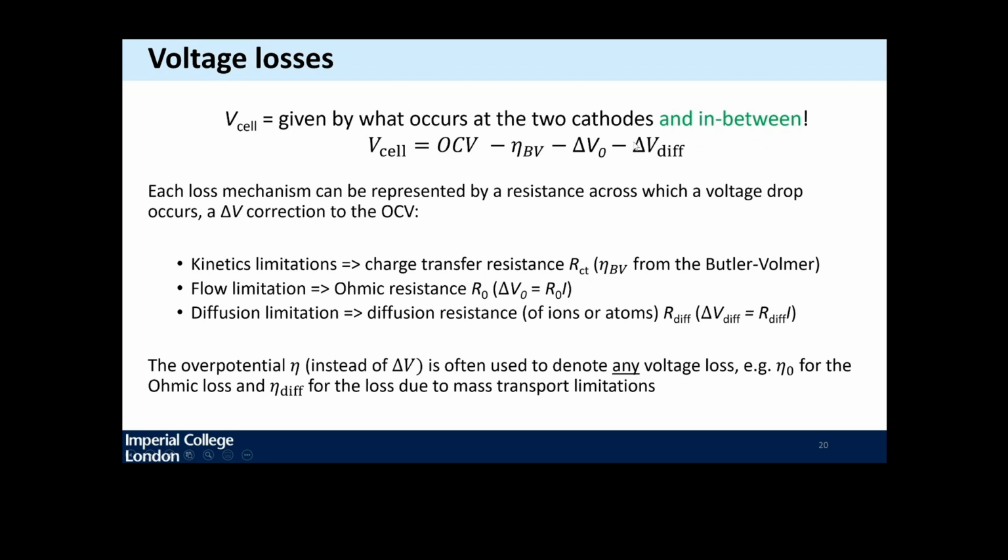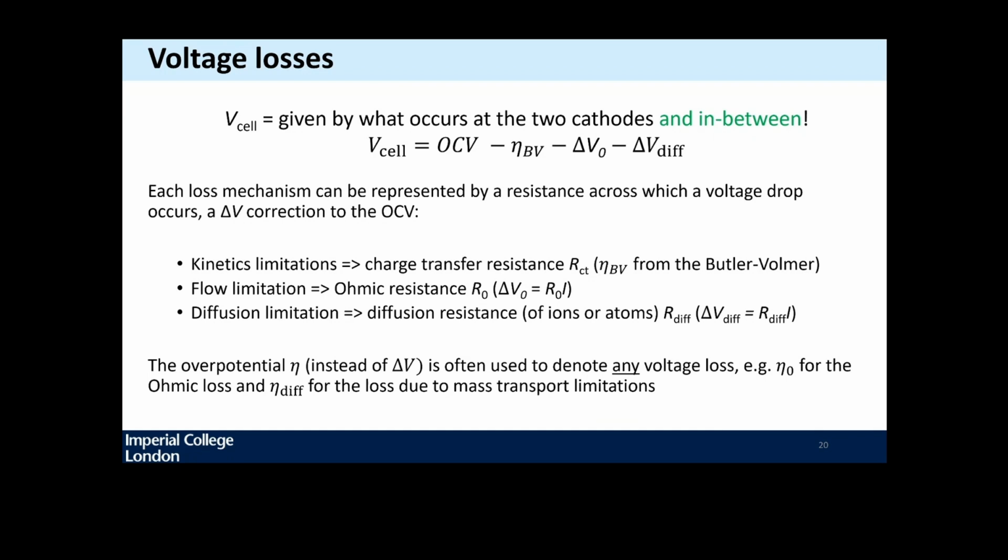And I also have a very important component here due to the diffusion. So the fact that this is not bulk electrodes and bulk electrolyte, but it's a porous material. The reason why it's always porous is because we want to increase the interface in order to have more reactions.